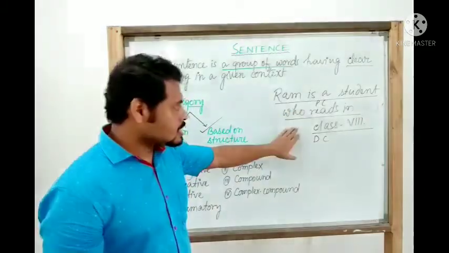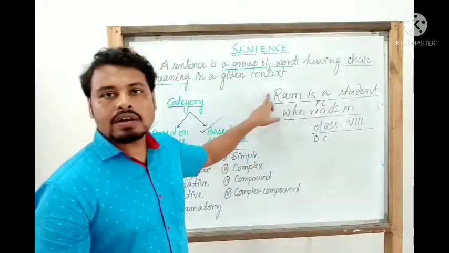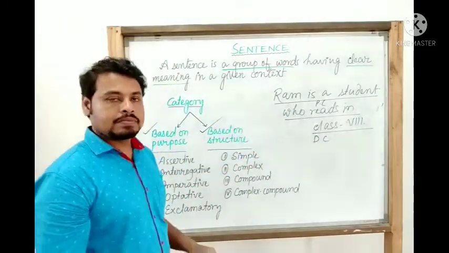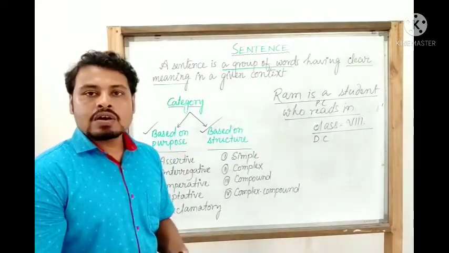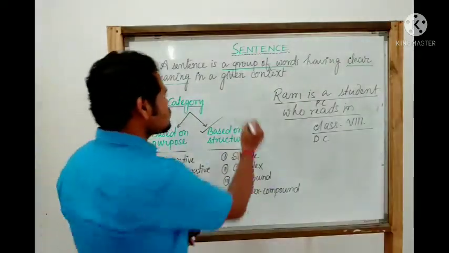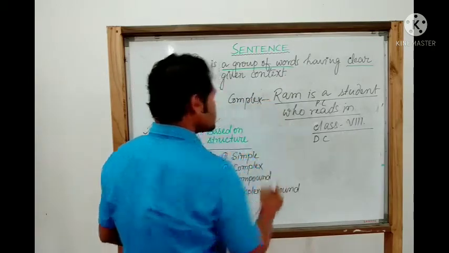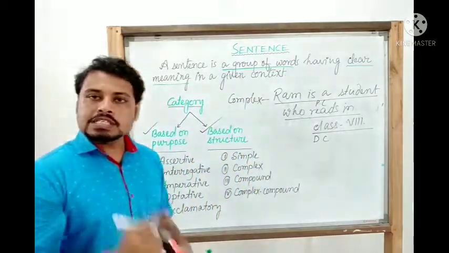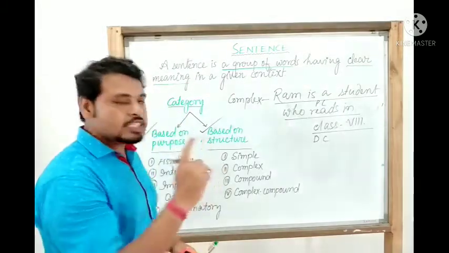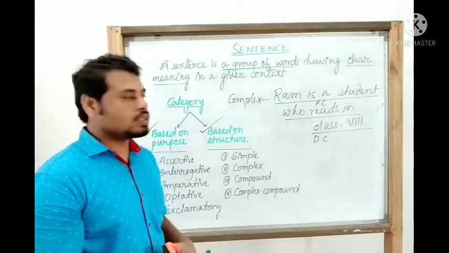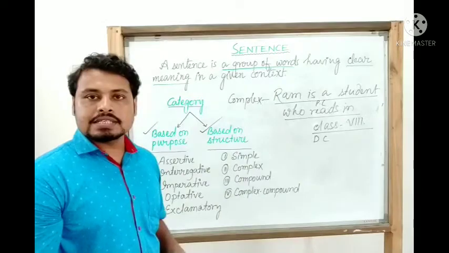To express its meaning, it has to depend on the principal clause. So this one is a complex sentence, because here we have one principal clause and at least one subordinate clause. So this is what a complex sentence is.